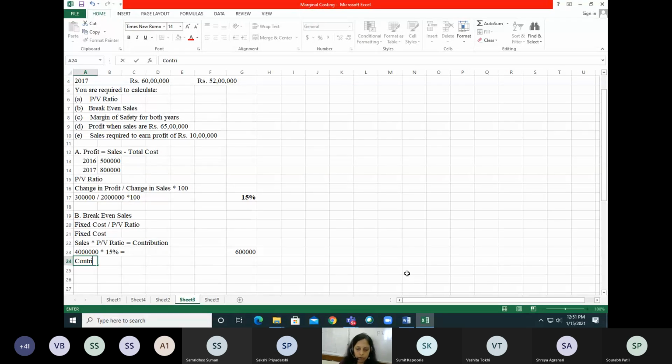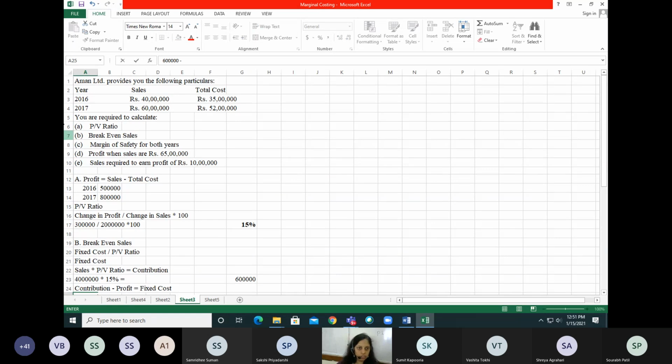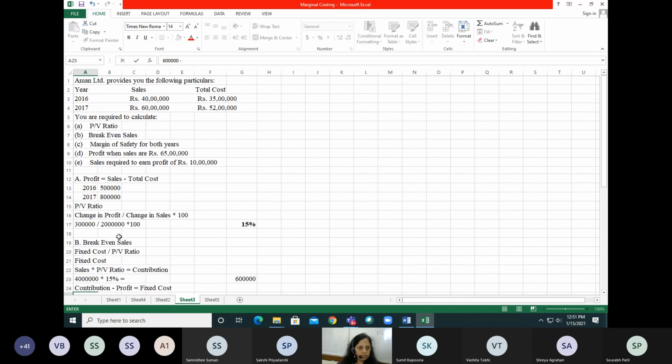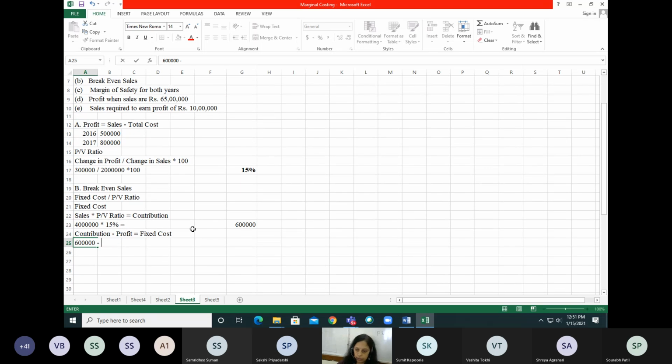So write the formula: contribution minus profit is equal to fixed cost. Contribution comes to 6 lakh, minus profit, which is given in the question. We have used the figure of 2016, 40 lakh, so profit is 5 lakh. So your fixed cost is 1 lakh.